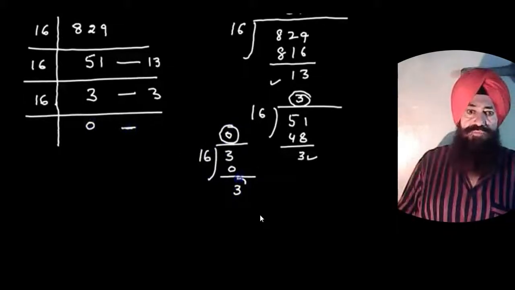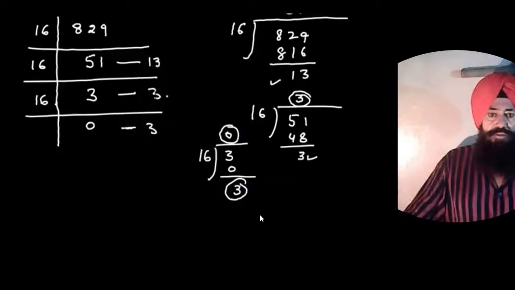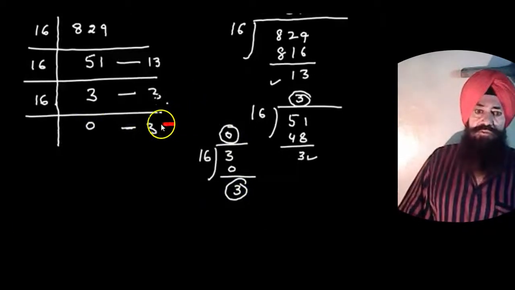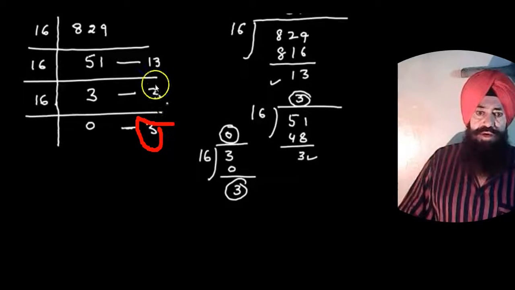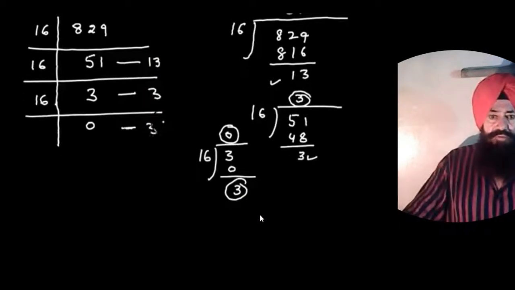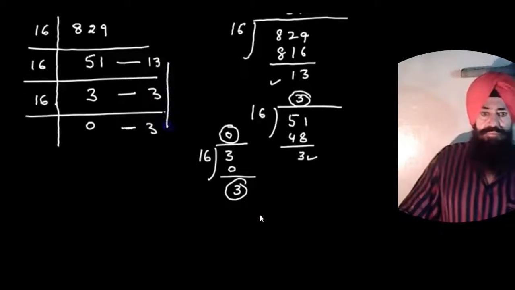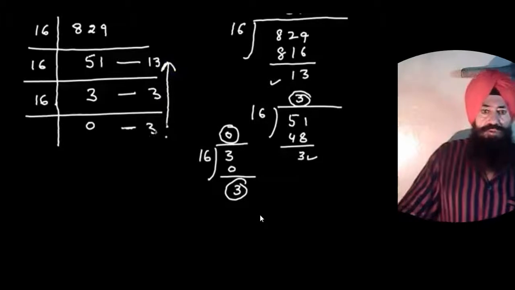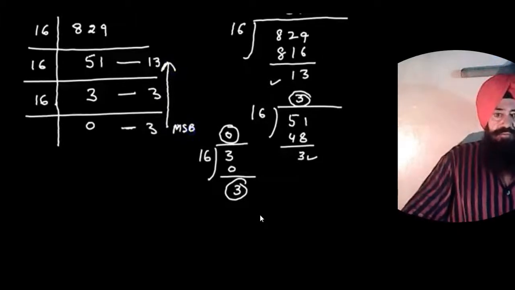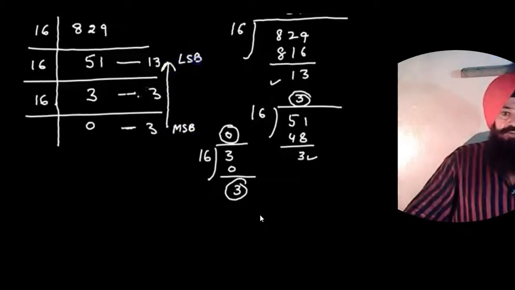Right? So this is the most significant bit and this one is the least significant bit. So you'll go from down to up. Most significant bit is 3, this one is the least.